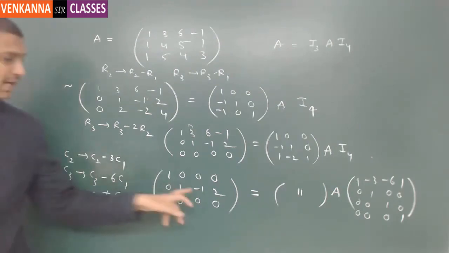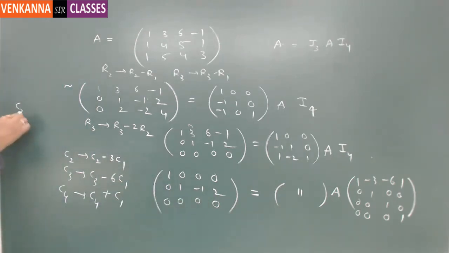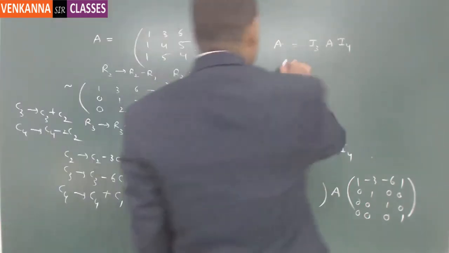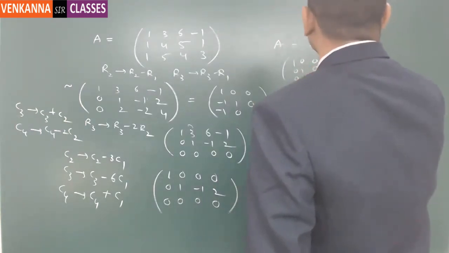So that was the post factor. Again, you need to make these two values 0. It is possible using this number. So C3 tends to C3 plus C2 and C4 tends to C4 plus C2, I mean C4 minus 2C2. Then it will come as 1, 0, 0, 0, 0, 1, 0, 0.